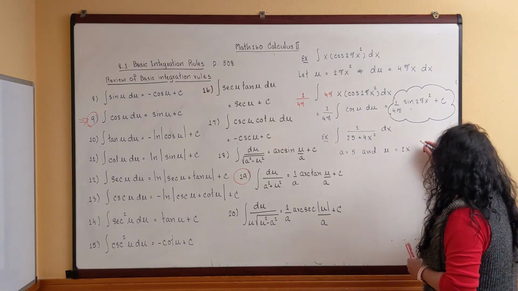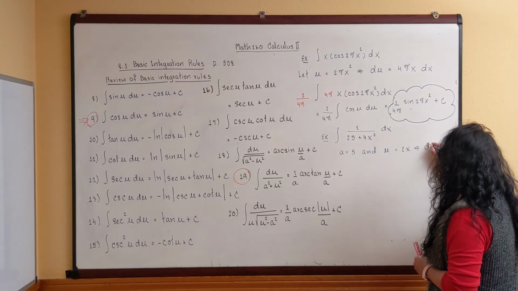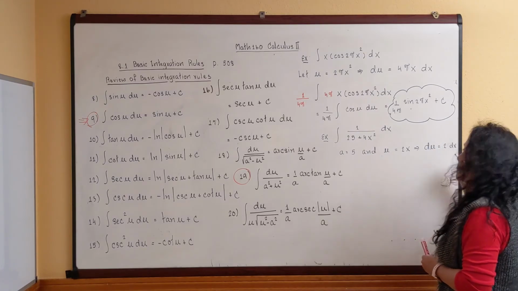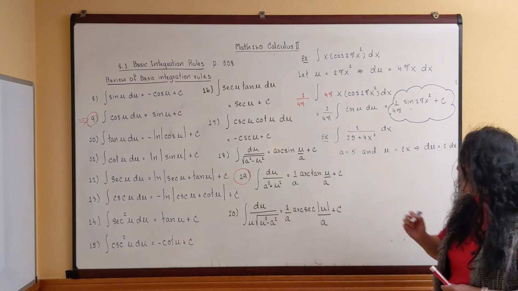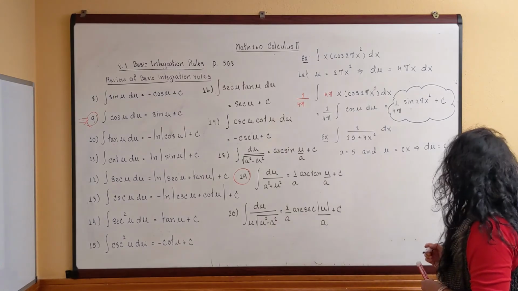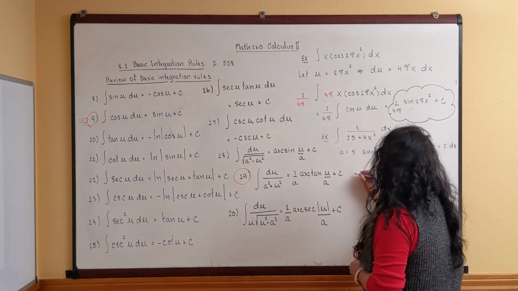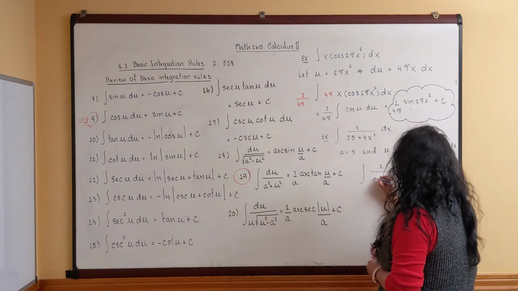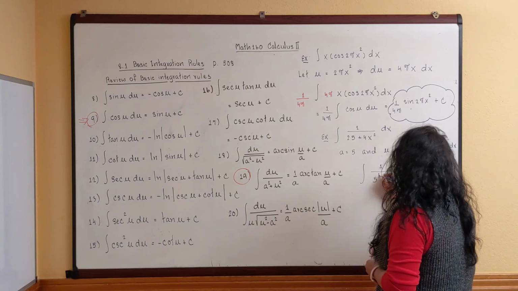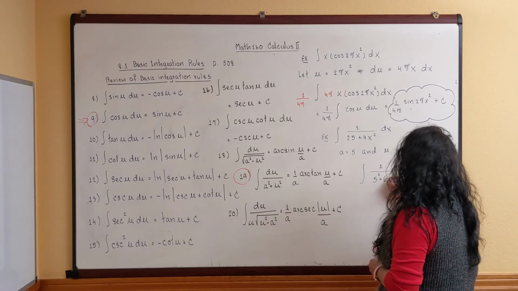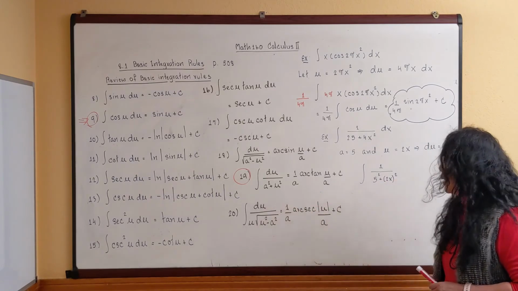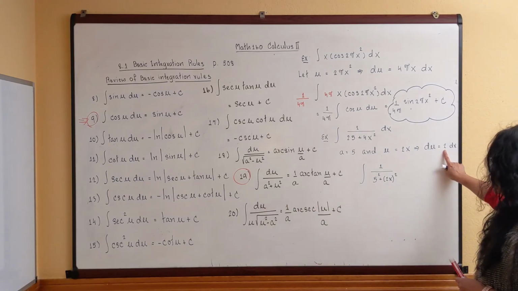So if my u is 2x, my du will be 2 dx. Alright, we try to make it fit this integral here. So let's see, I have an integral of 1 over 5 squared plus 2x squared, which is my u. Okay, my du is 2 dx.